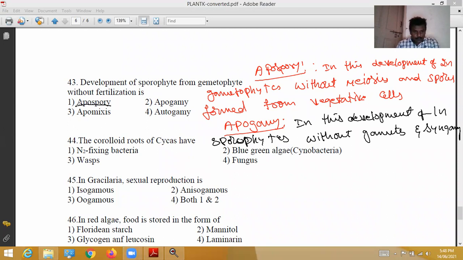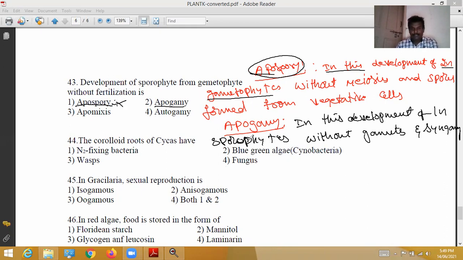Here, apospory. Apospory means development of diploid gametophytes without meiosis, with spores formed from vegetative cells. But here the question is about development of sporophyte, so option one is wrong.